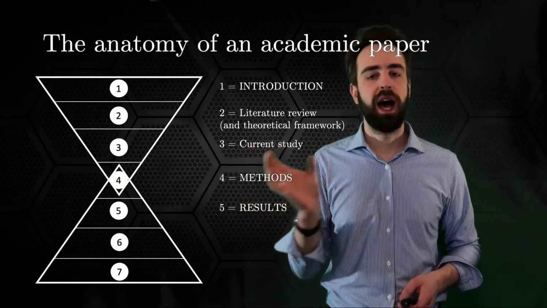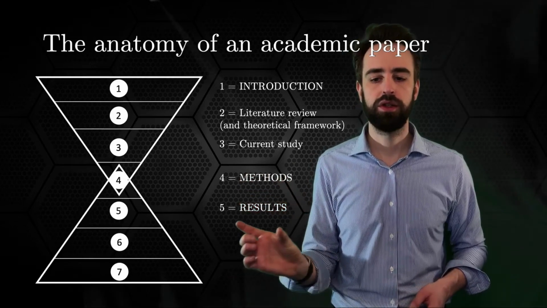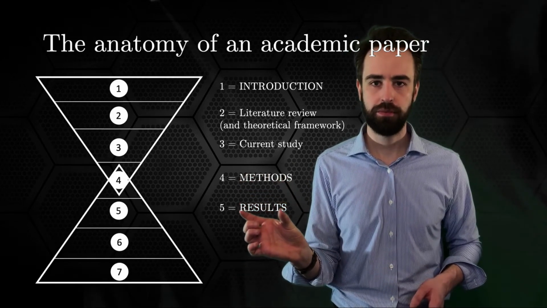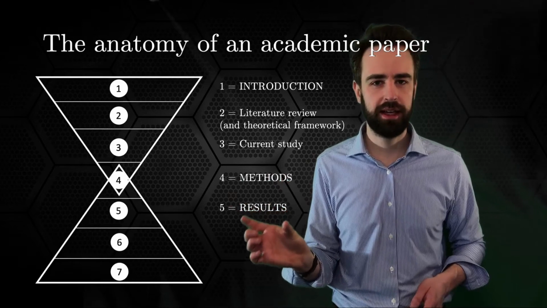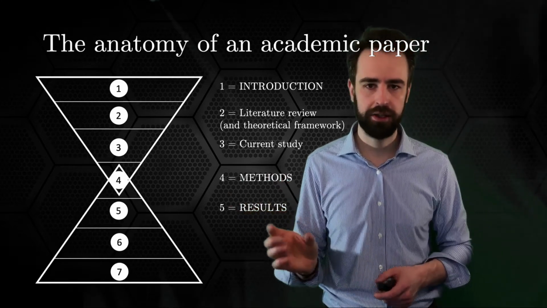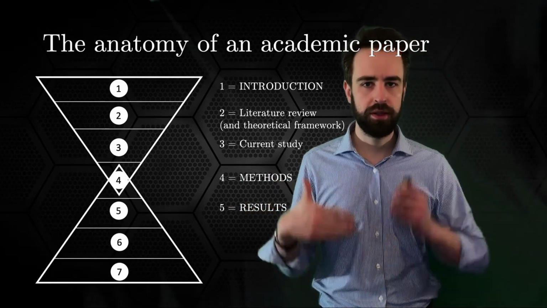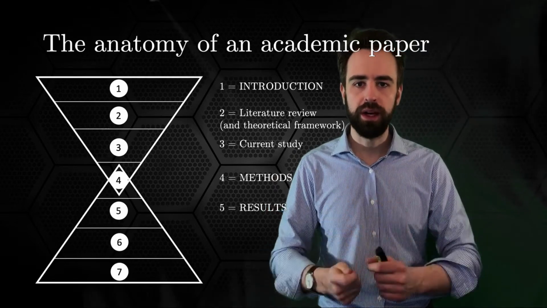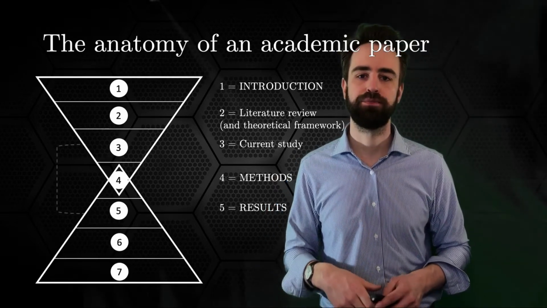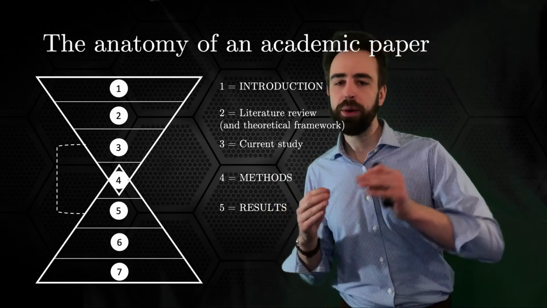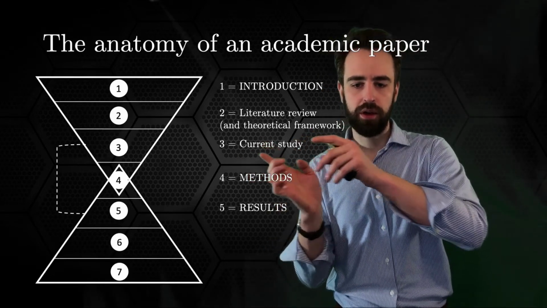After we described how we did it, we go to the results. Now the results section is actually a very dry section. All we do is present the readers with our findings. In doing so, we relate already back to our current study.